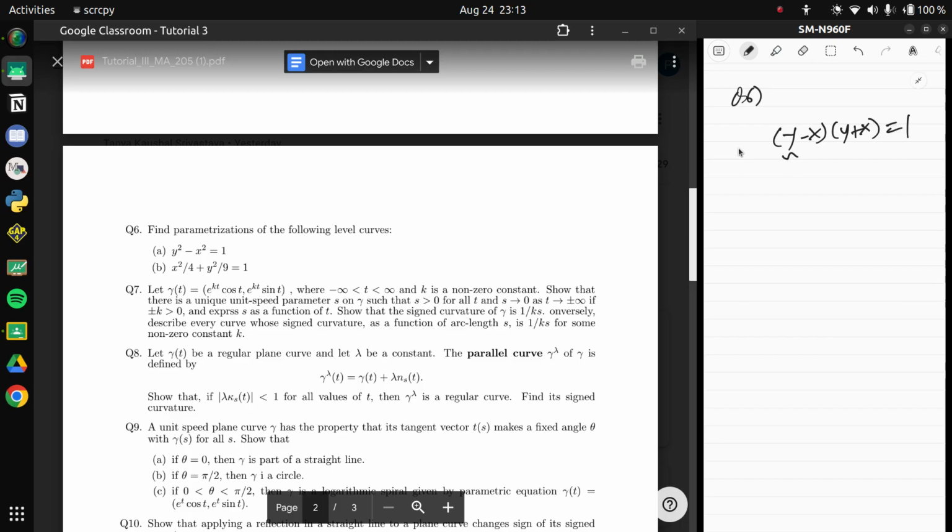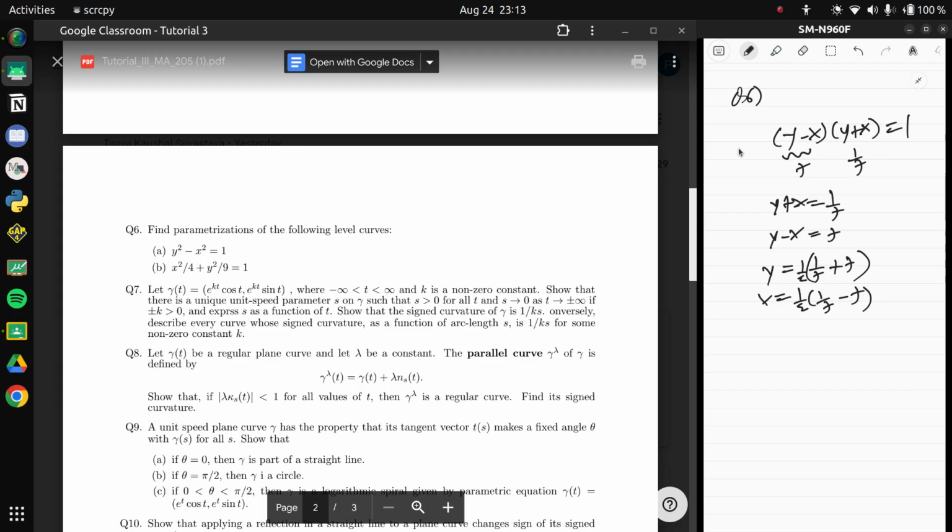So we can just call this thing a, this thing b, but then obviously b is just 1 upon a, or let's just call this thing t, this thing 1 upon t. So we just have y plus x is equal to 1 upon t, and y minus x is equal to t. So y would just be 1 upon t plus t by 2, and x would just be 1 upon 2 times 1 upon t minus t.